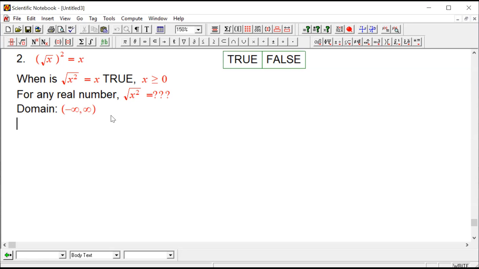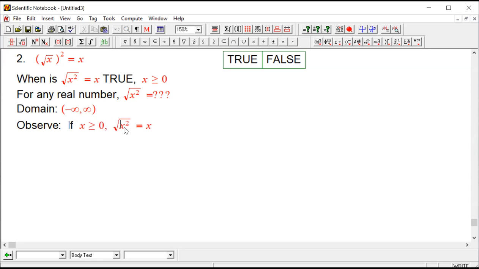We observe that when X is positive or 0, the square root of X squared equals X. So if X is greater than or equal to 0, this is true.